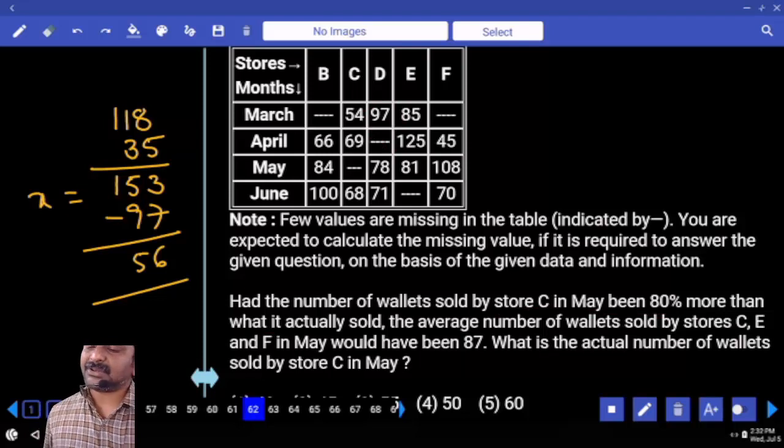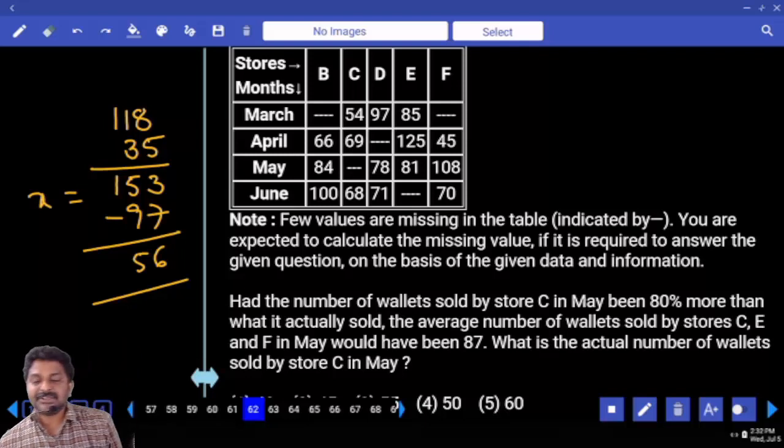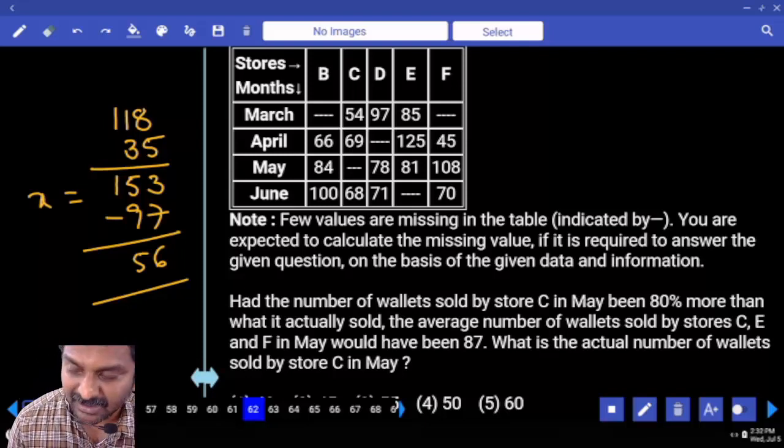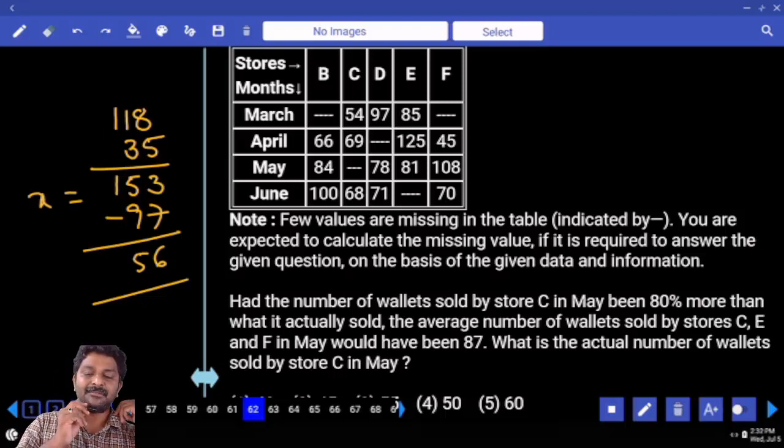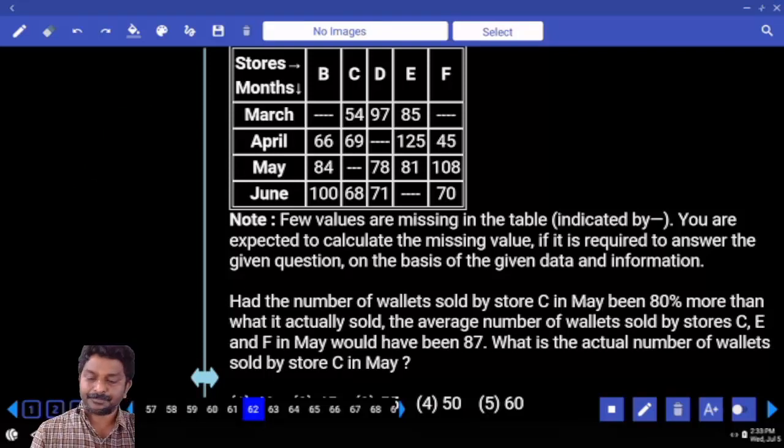Had the number of wallets sold by store C in May been 80% more than what it actually sold, the average number of wallets sold by store C, E, F in May would have been 87. What is the actual number of wallets sold by store C in the month of May? Okay.